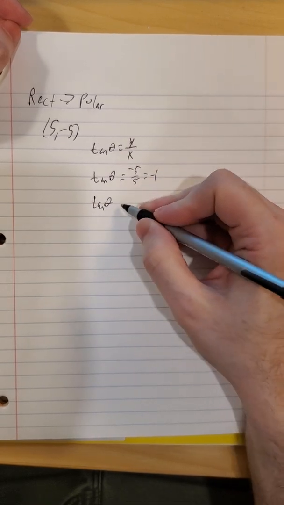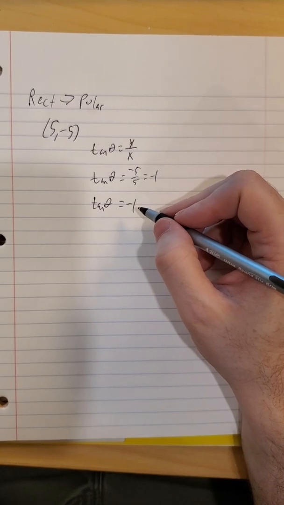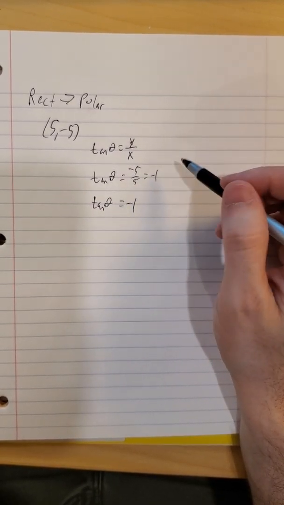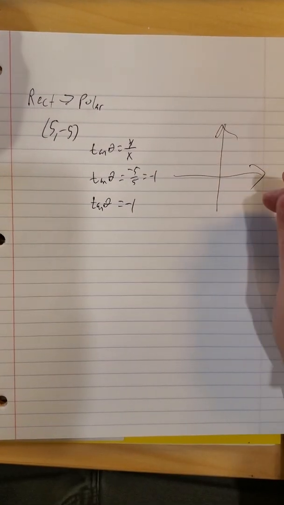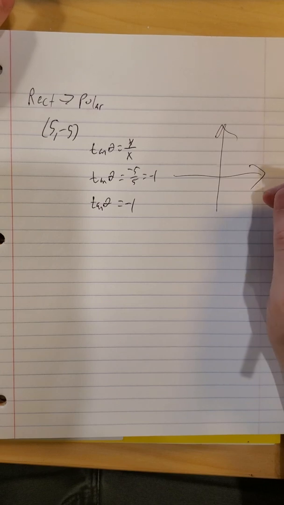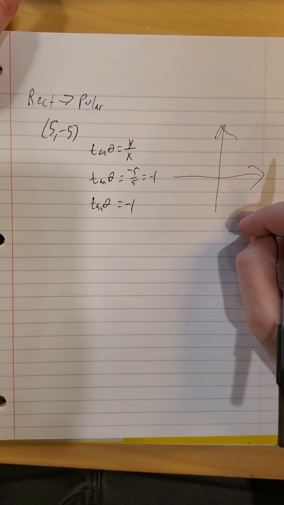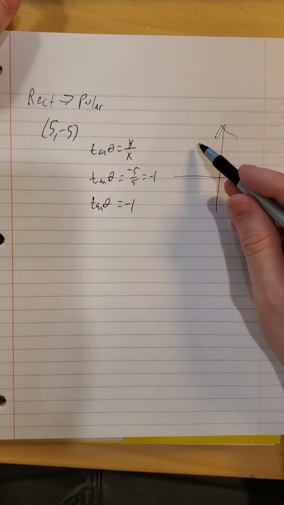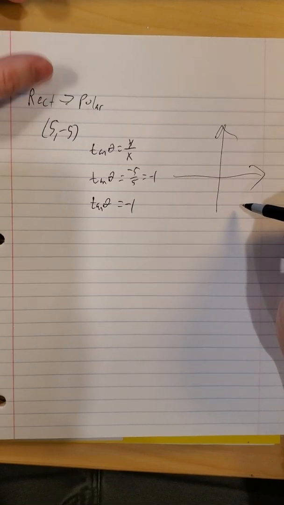So if tangent theta is -1, there are multiple places where this happens. Tan theta being -1 just means sine and cosine have opposite signs. Well, basically that means up here or down here, either in Q2, where cosine's negative, sine is positive, or in Q4, where cosine's positive, sine is negative.